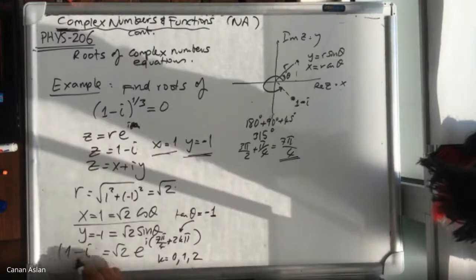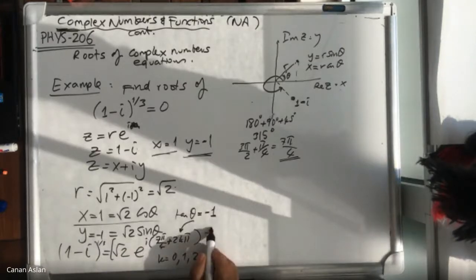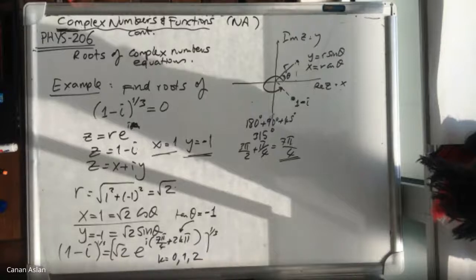But we are not done yet, because it's just 1 minus i. We have to get the cube root of this side by side. So if we get the cube root of this, we have to get the cube root of everything on the right hand side. Okay.